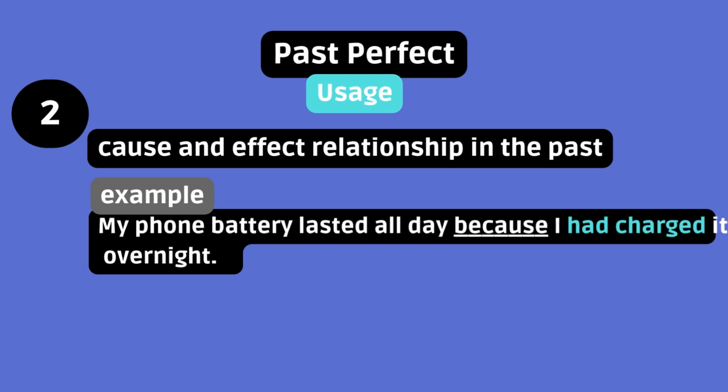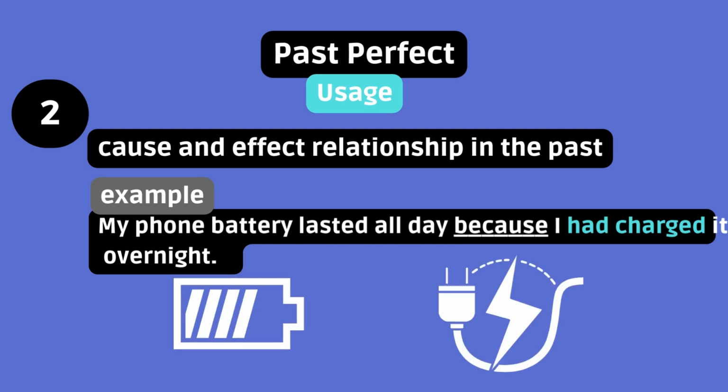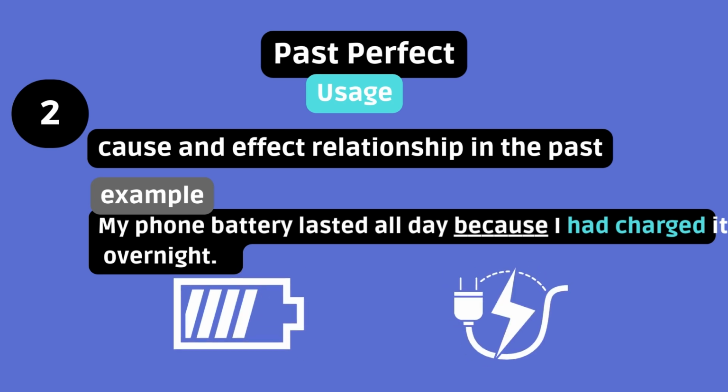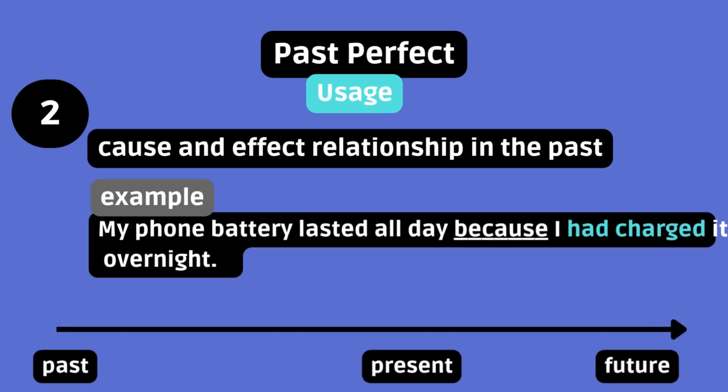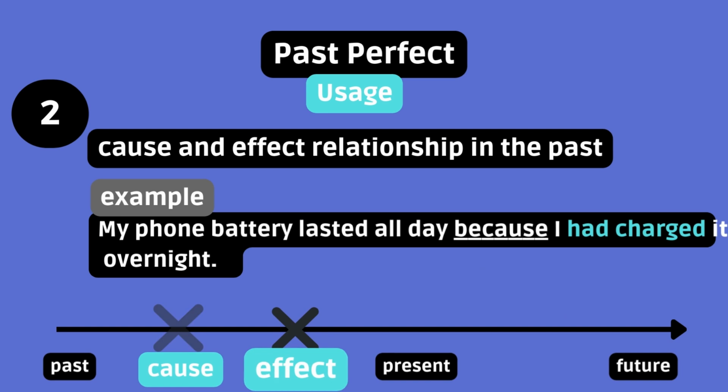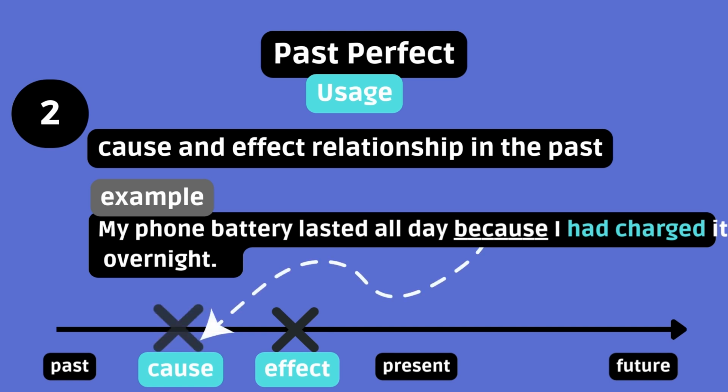The two actions, lasting and charging, are part of a cause and effect duo. The lasting happened because of the charging. The past perfect is applied to the cause, since it always occurs first, and the use of the connector because further highlights the cause here.